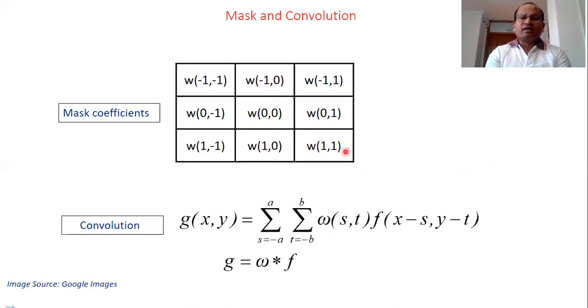If you go this side, 1, 1, and this side, 1, -1. So -1, 0, 1, -1, -1, -1, -1, 0, 1, because this is increasing. But if you go this side, -1 remains the same for the row, and -1, 0, and 1 is increasing. So we can use any nomenclature, any other terminology can be used. But generally we focus on the central pixel, and therefore we can assign these types of values.